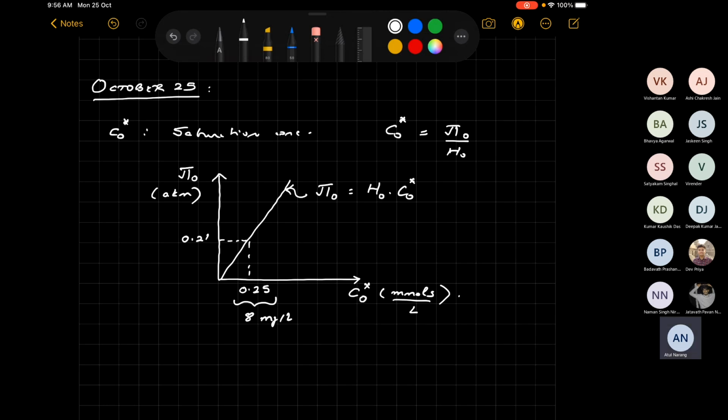Now, it should be pretty obvious from this formula, right?